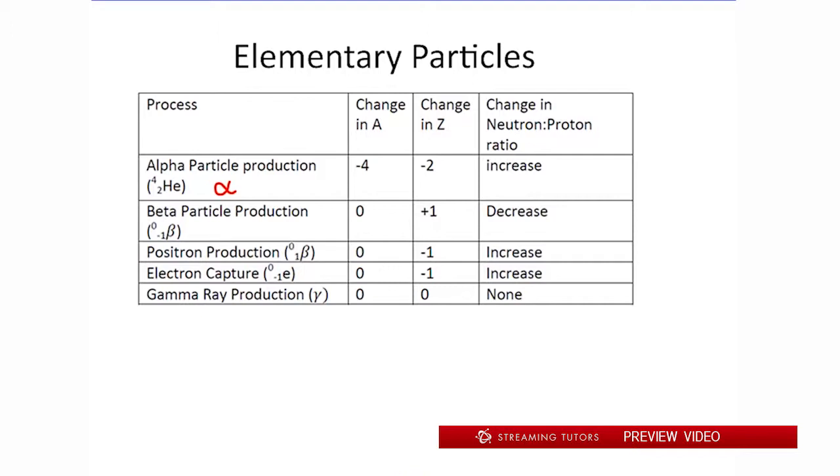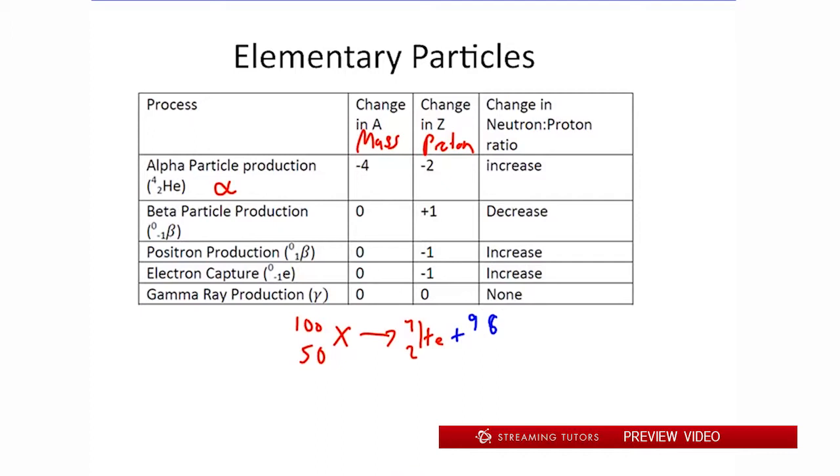So when we produce an alpha particle, that means that the mass number has decreased by 4. That's a change in A. And then the atomic number has decreased by 2, which is synonymous with losing 2 protons. So that would look something like this. If we have some species with a mass number of 100 and an atomic number of 50, and it releases an alpha particle, the new species that's produced is going to have 4 less for its mass number, so it would be 96.